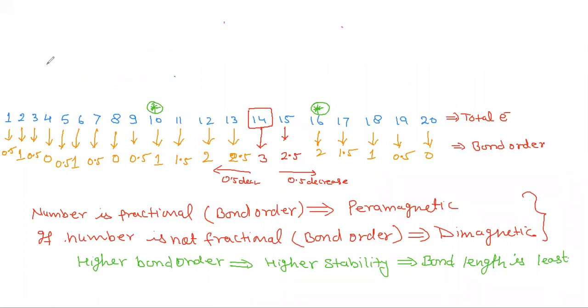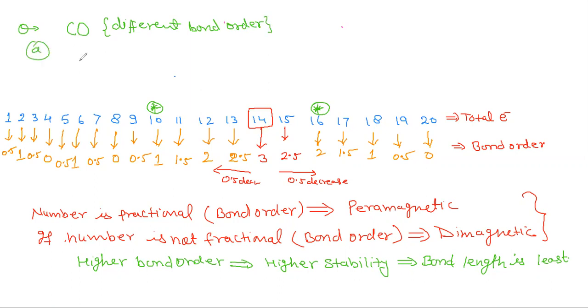This question was asked in the 2007 IIT Mains. The question is: the species having bond order different from CO. Which one has a different bond order than CO?